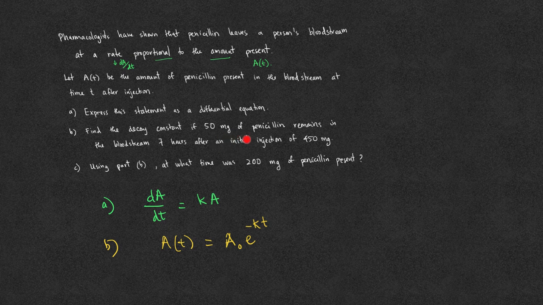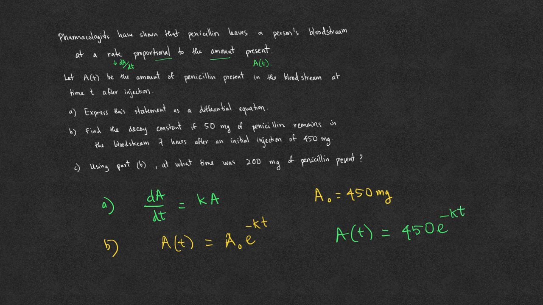With the given information, the initial injection of 450 mg means A sub 0 is 450 mg. And so we update this equation and obtain A of t equals 450 e to the negative kt.